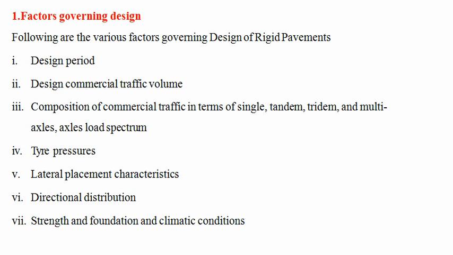So first, the factors governing the design. The various factors governing the design of the pavement: firstly the design period, that is, for what period the rigid pavement has to be constructed. Generally it is taken as 30 years. Second is the design commercial traffic volume, what will actually be the volume of commercial traffic or vehicles moving on that pavement.